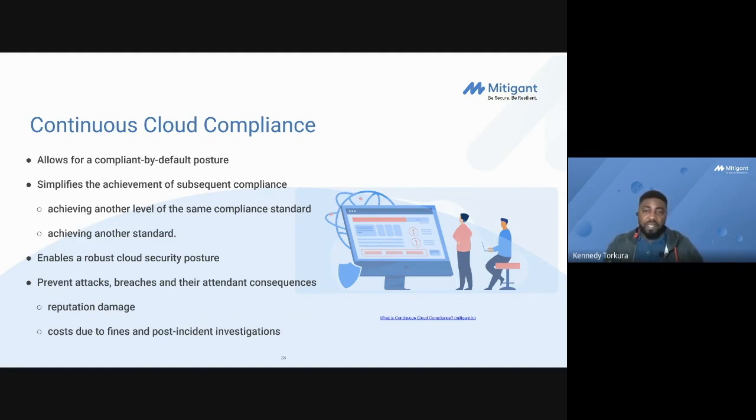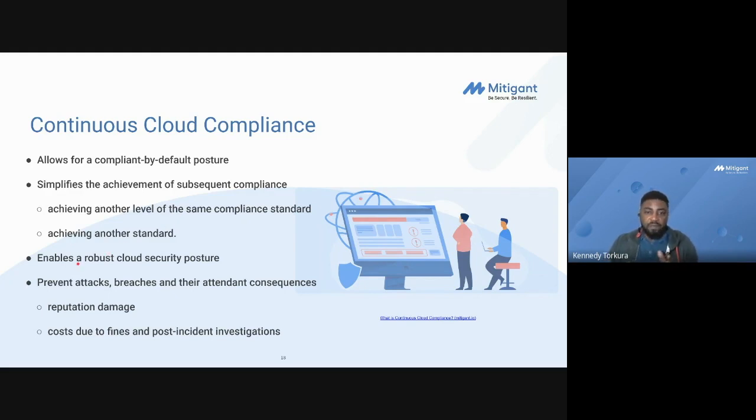You will realize that what PCI DSS checks, they might be checking for S3 buckets. When you have a look at what NIST checks, you see they also check for S3 buckets, whether they are publicly exposed. So the idea that you're always checking makes it much easier for you to move from one benchmark to the other one.